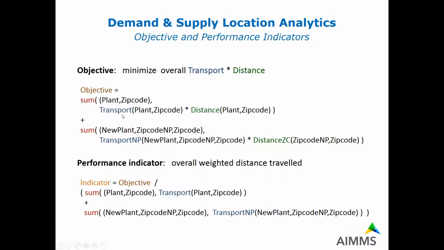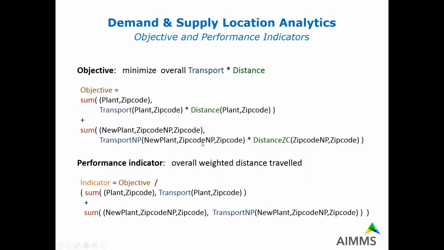transport times distance for the existing plants, which is the first term, and also transport times distance for the new plants. For the existing plants, the transport variable only has two indices, namely the plant and the zip code. But for the new plants, we need to include three indices because every new plant has a specific capacity, and each new plant can then be located at any of the allowed zip codes.